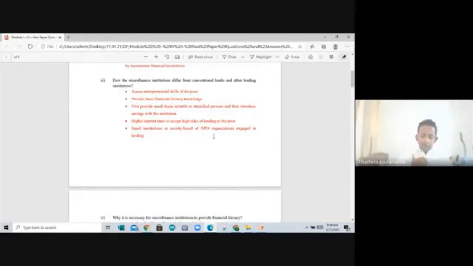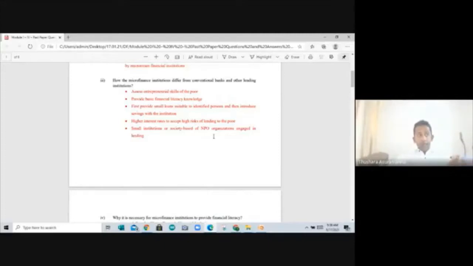Third one, you give small loans to targeted people, and then you introduce savings to the organization. That's what even our first model discussed. So small loans, then it goes to the next level, to a bigger ticket size, and with that grooming of the entrepreneur's skills, you go to the next level.